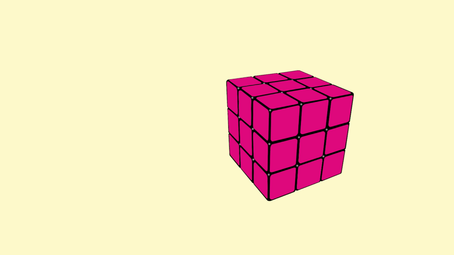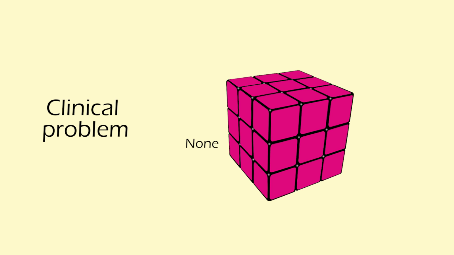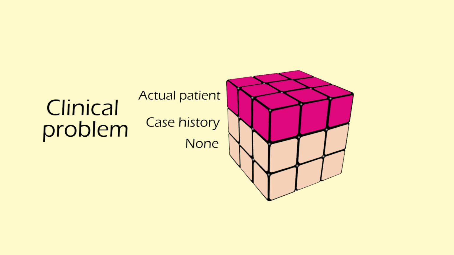One dimension of Sackett's cube is the clinical problem. If you're just asked questions to assess your knowledge, that isn't a clinical problem, so none. The second stage that improves things a bit better is to present a scenario, a clinical scenario, a case history. But actually, if the learning is driven by an actual patient, the learning is more powerful.